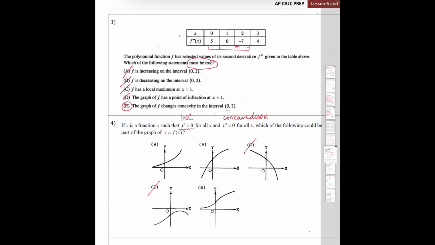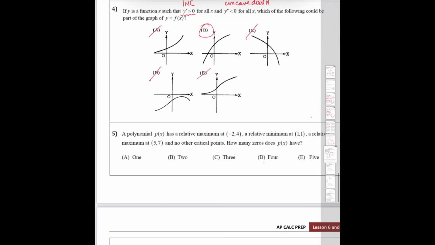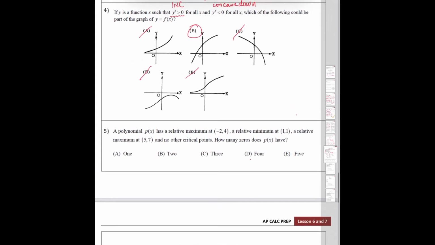It's not increasing. And which one is concave down? If you look at this, A looks more like concave up. E also does not satisfy that. It looks like concave up, so we are just left with choice B.